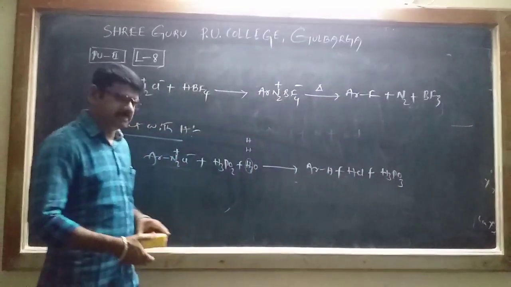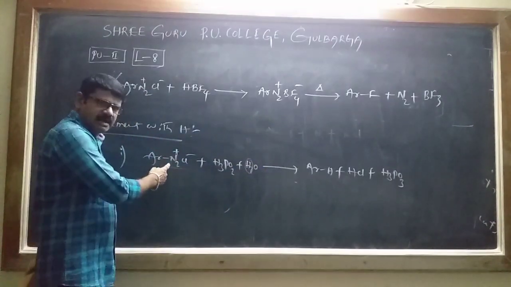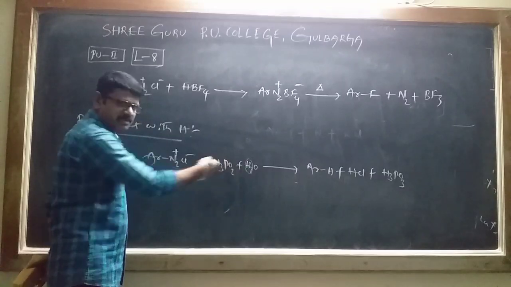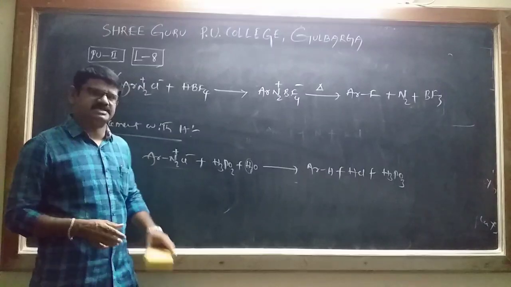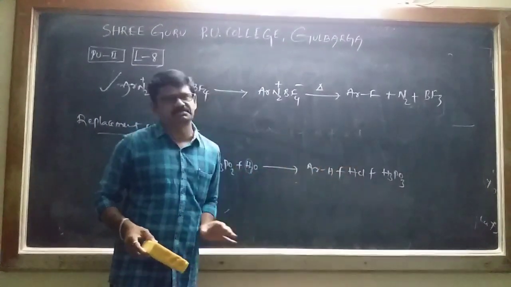Overall, when diazonium salt reacts with phosphinic acid, another name of which is hypophosphorus acid, you will get benzene, and some byproducts are obtained.